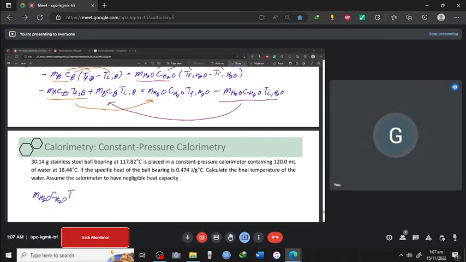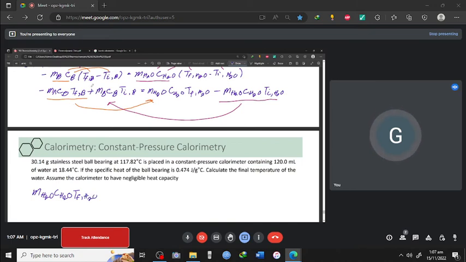Okay, start tayo dito sa final. So, ipunta natin sa pinakagilid yung final. Okay? So, burahin ko lang sandali. Tignan ko lang yung equation sa taas. So, ang gagawin natin is, yung final na lang yung nasa left side. So, that is MH2O CH2O, tapos that is TFH2O.